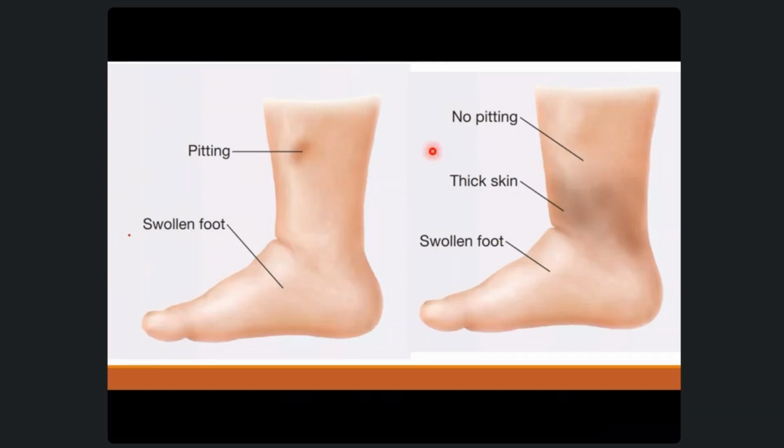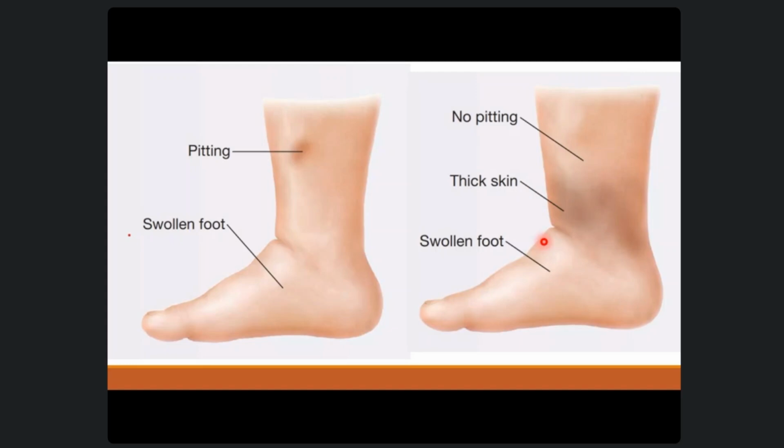As for this one, this is a classic example of lymphedema. It is still soft and pitting, but then becomes indurated. So it becomes hard and then non-pitting because of skin thickening. As you can see, there is thickened skin. Sorry, I mean thickened skin only, but no hyperpigmentation, and ulceration is rare.